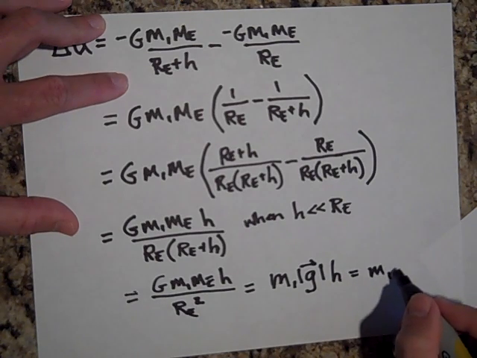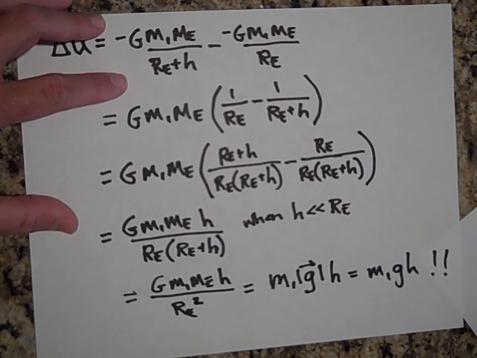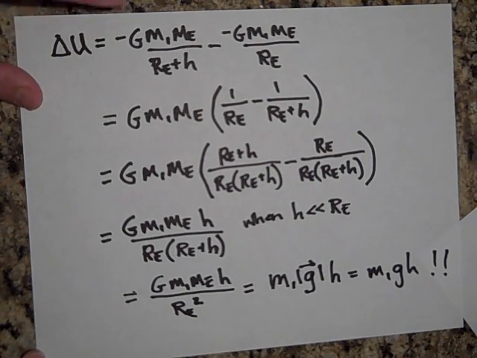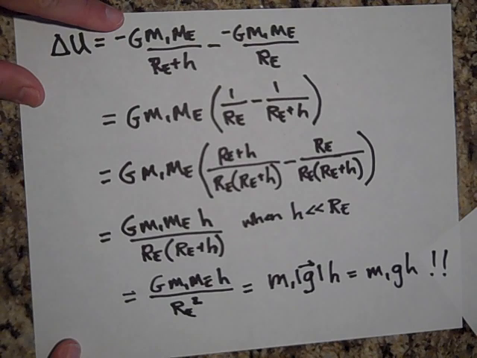So it's m1gh. Hey, last year when you were doing that, did you know that was an approximation? That was just an approximation, but it's a very, very good approximation, as long as the radius of the Earth is much greater than the height that you're lifting it.